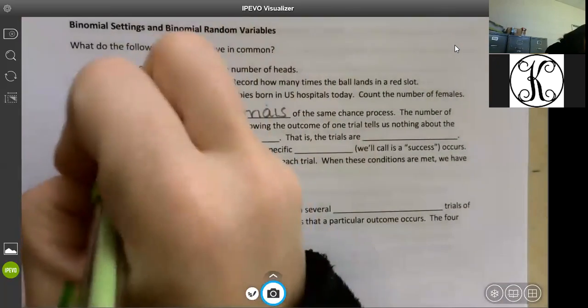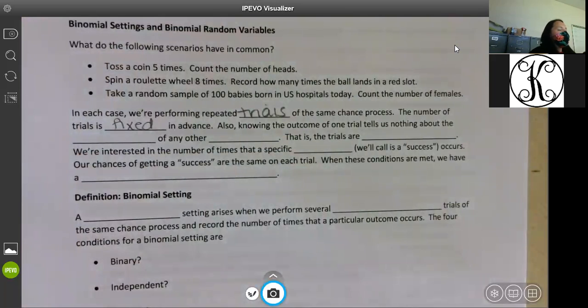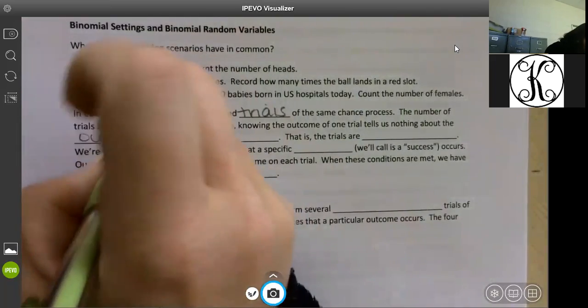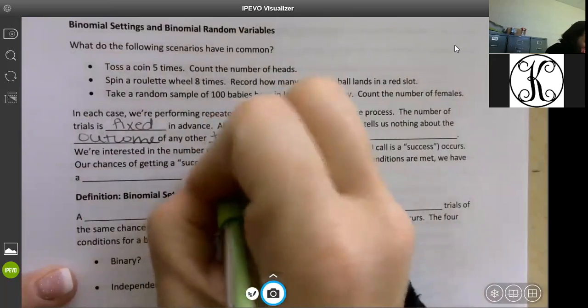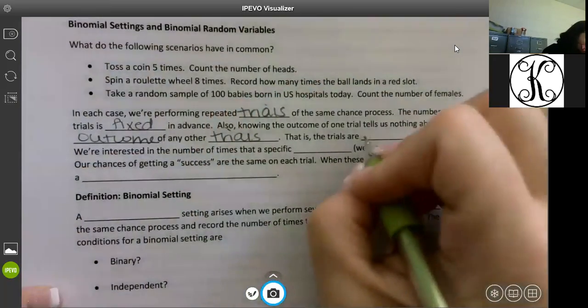The number of trials is fixed. So we already know how many we're going to do. Also, knowing the outcome of one trial tells us nothing about the other outcomes of any other trials. So that means that they are independent.